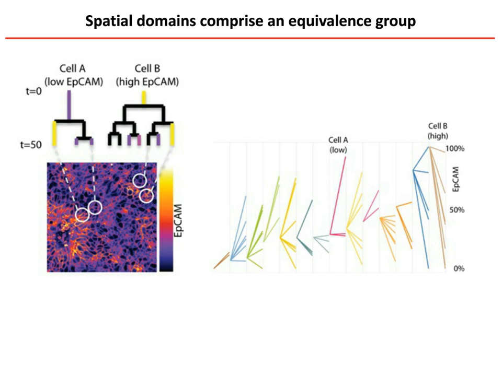Similarly, cell B on the top left starts high and produces a range of signals. So if we are comfortable with the association between EPCAM and position in the colony, as I've shown in the movie and in these slides, then there's no relationship between the starting signal and the ending signal.